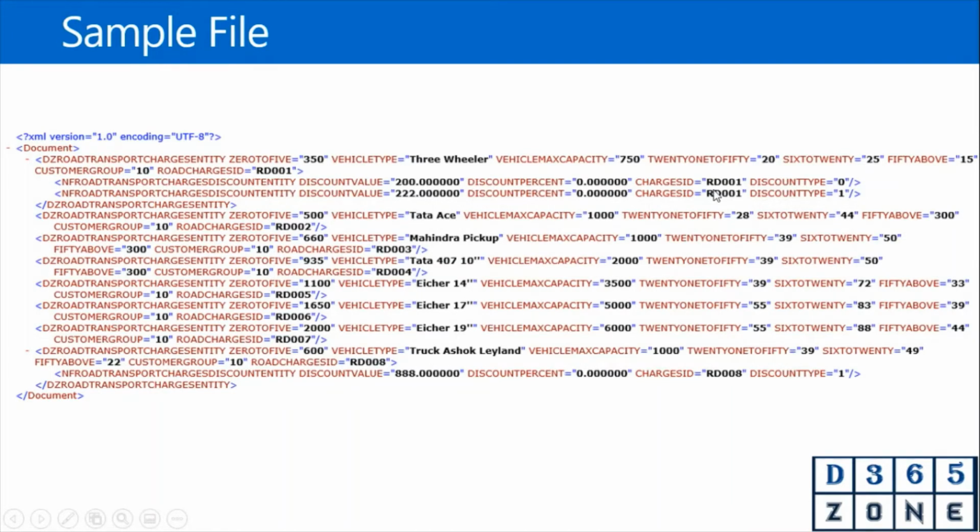There are two discounts available, with discount type 0 and 1, which means a general discount and a special discount. For one entity there are no discounts provided, and for the last charges entity, RD008, there is one discount line available.